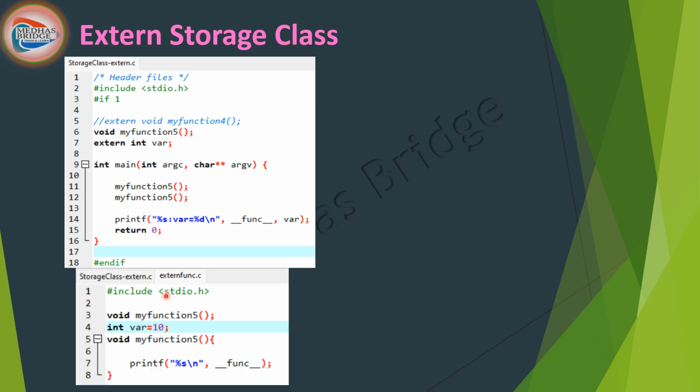I have one more file, for instance called extern function, where I declared the variable and initialized it. To get the visibility of this variable, I'm using extern int var, and hence my main now understands that the variable I am accessing is defined elsewhere, but I have control over it. Got this? So this is what is called the external storage class concept.